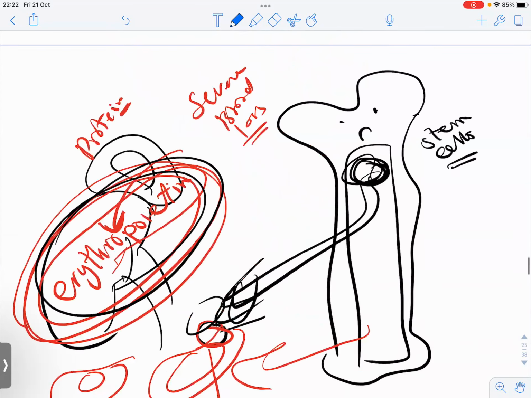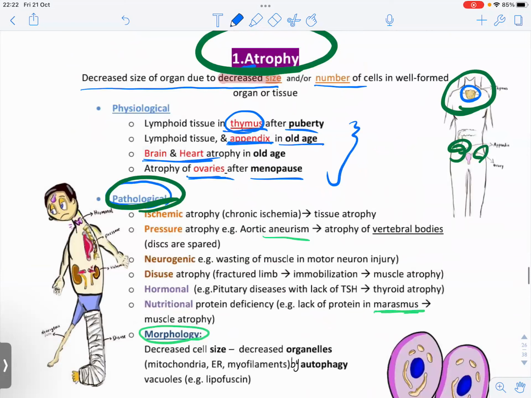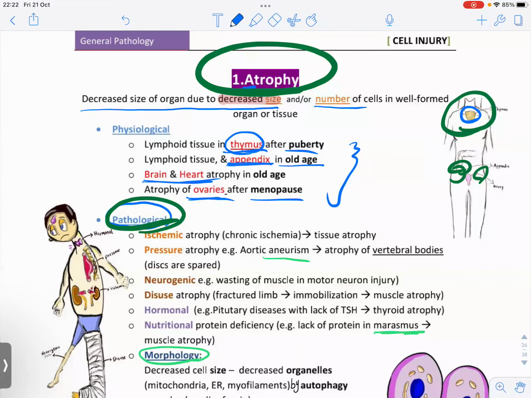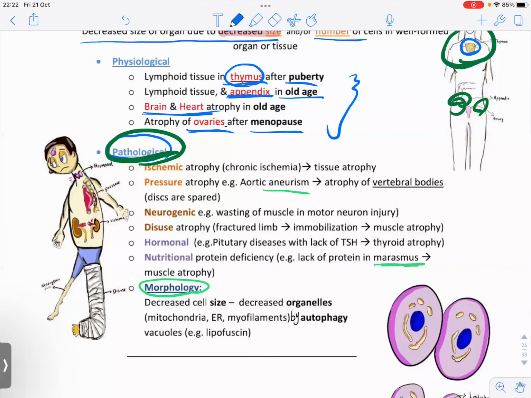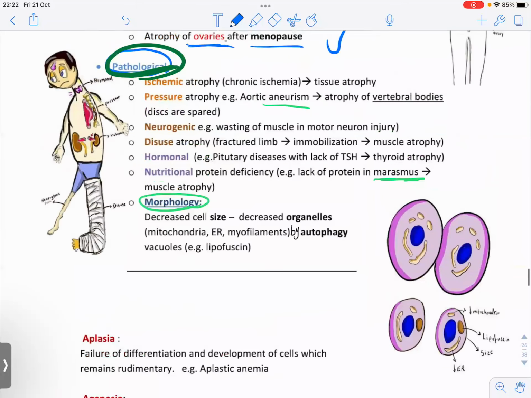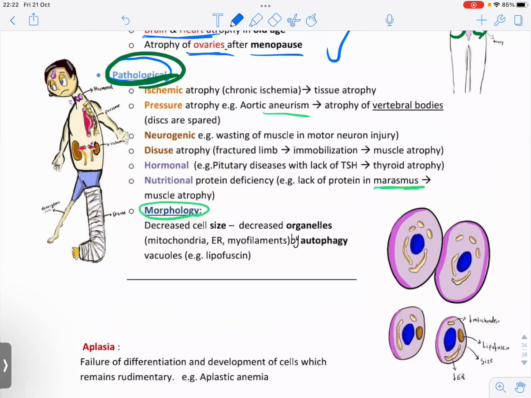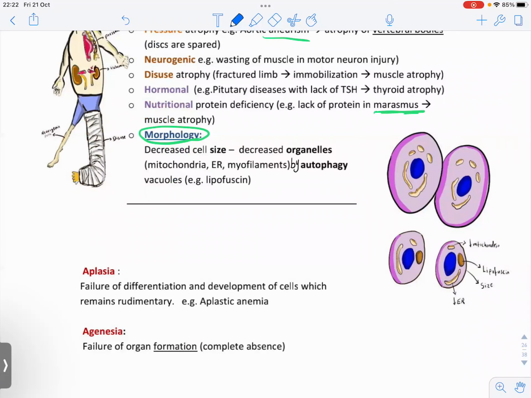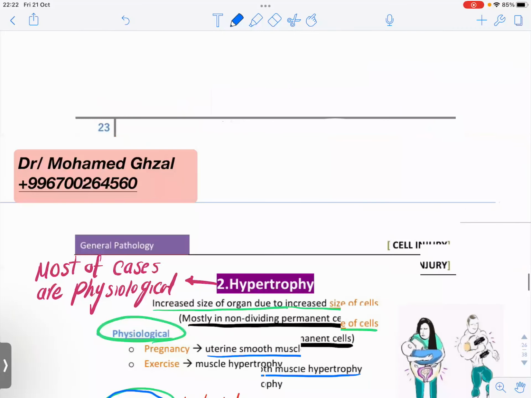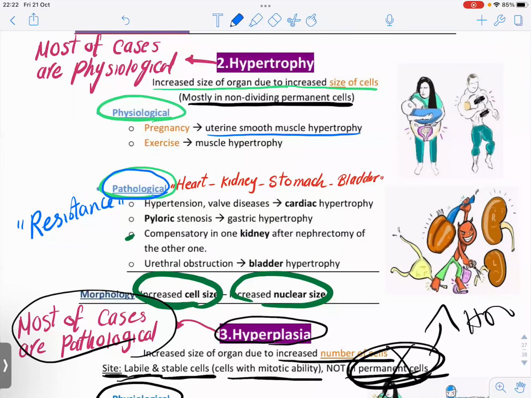Atrophy is a decrease in size and or number of cells, physiological like thymus, appendix, ovaries.